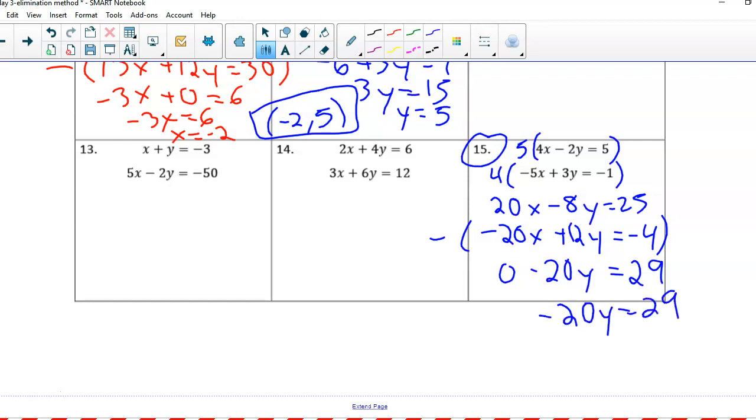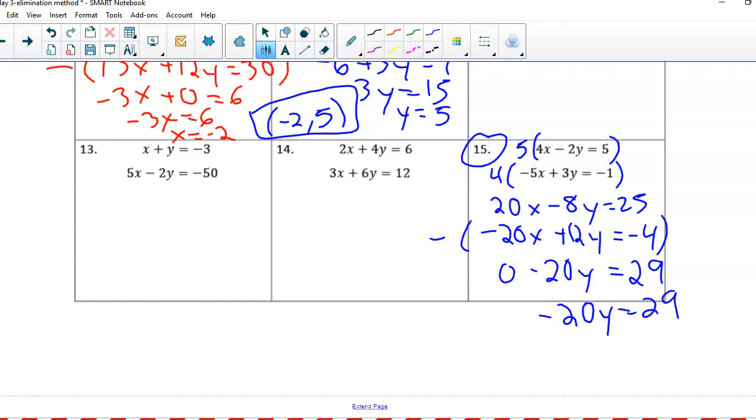Are you guys okay? I think this is the last one that has fractions or decimals. Is that negative 8, right? No, this is the last one that should have fractions or decimals.